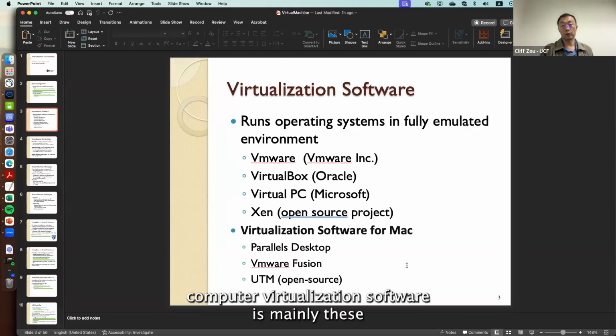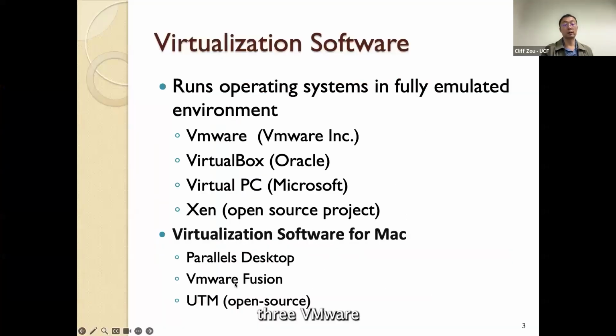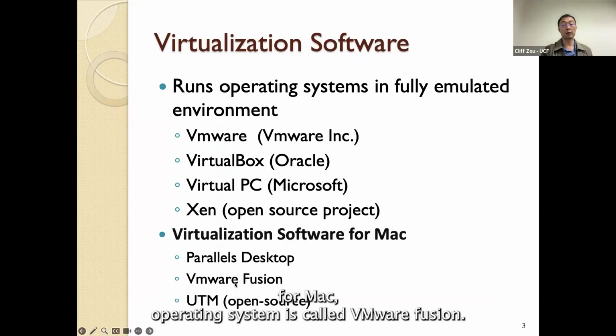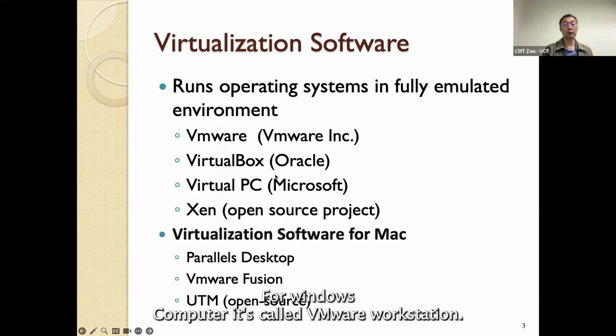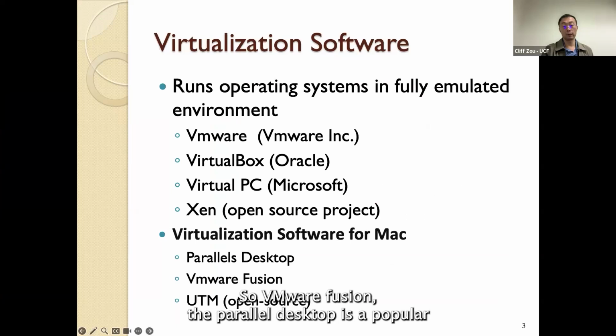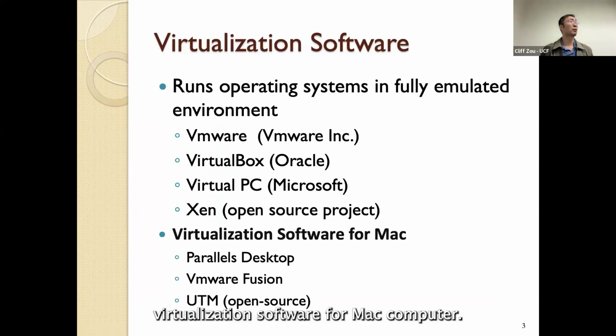For Mac computers, virtualization software is mainly these three. VMware for Mac operating system is called VMware Fusion. For Windows computers, it's called VMware Workstation. Parallels Desktop is a popular virtualization software for Mac computers, but it's not free.